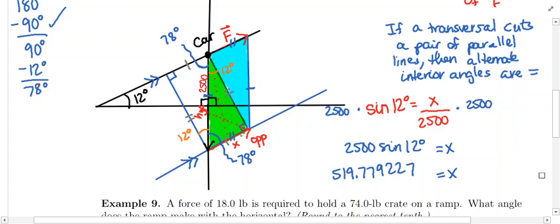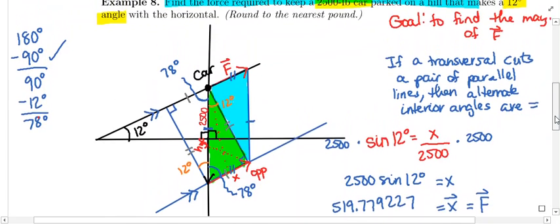Since I already know x, that means that the force vector that we're looking for has to have the same magnitude. So not only is this the magnitude of vector x, it's also the magnitude of the vector that we are looking for.